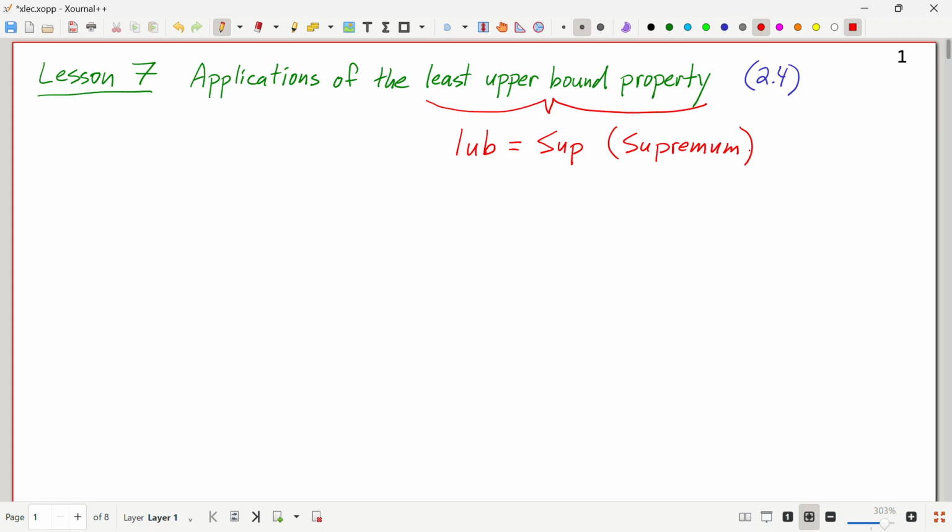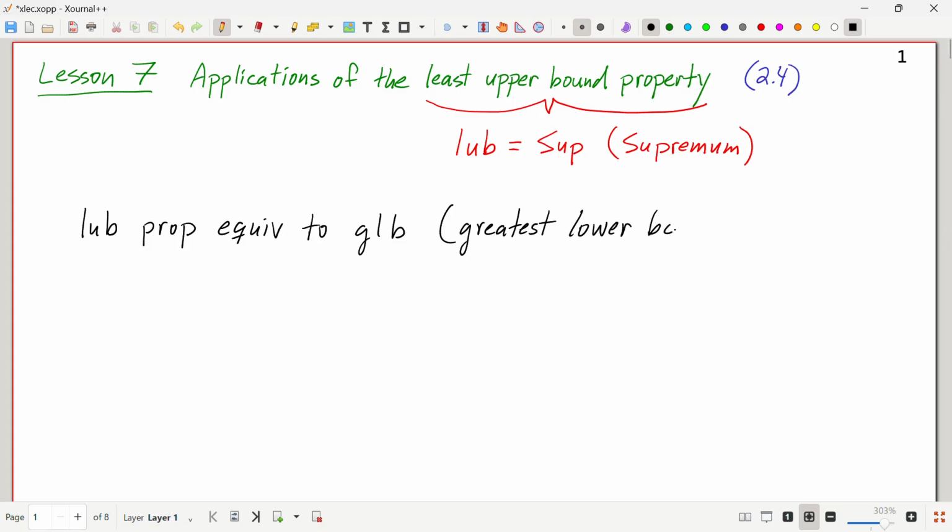They're the same thing. And of course, the least upper bound property is equivalent to the greatest lower bound property. It's not hard. You just take minus everything, and you'll see that the same things apply to the greatest lower bound, GLB, which is greatest lower bound property.